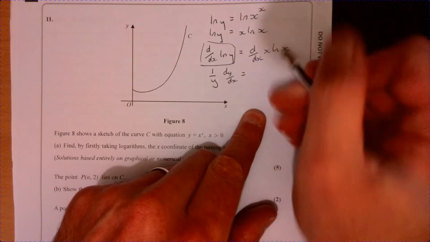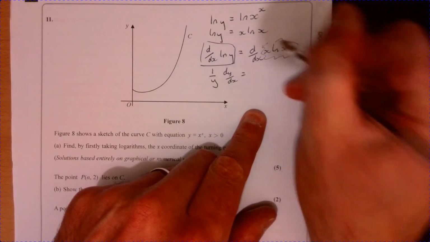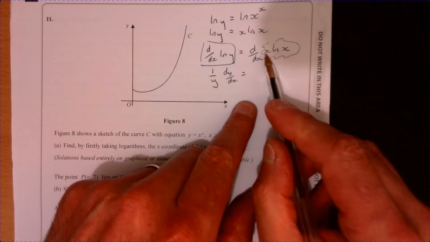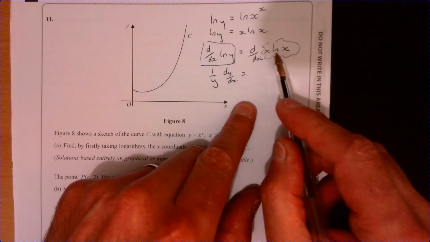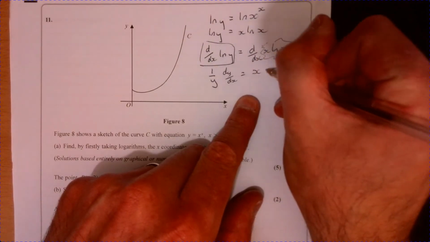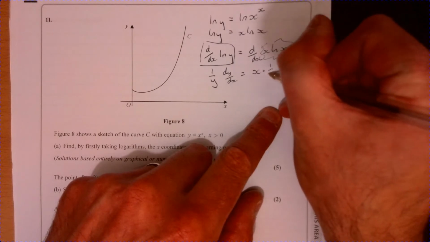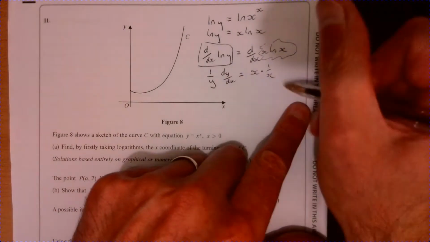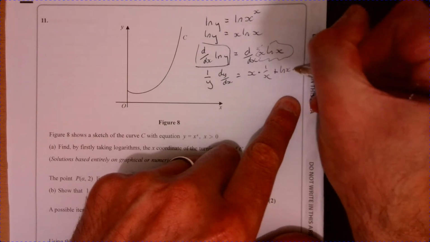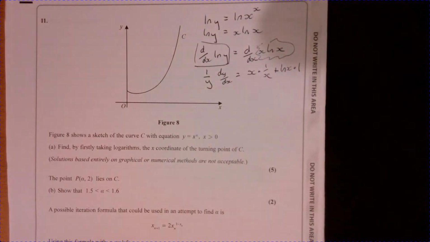Over here, I need to differentiate this part, and that's actually a product rule. If u is x and v is ln x, that gives x multiplied by 1 over x, plus ln x multiplied by 1.